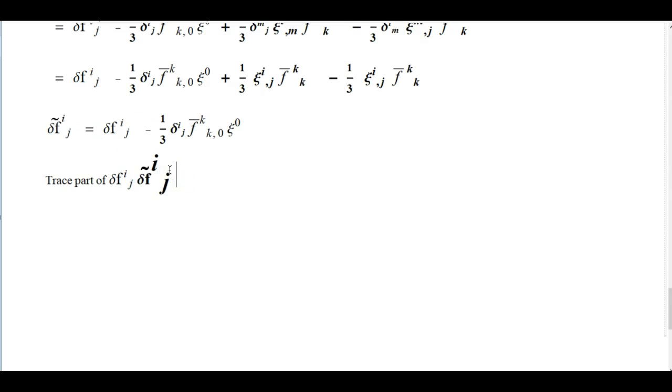delta, does it always do like this? So I can write delta. I think we can fix it.